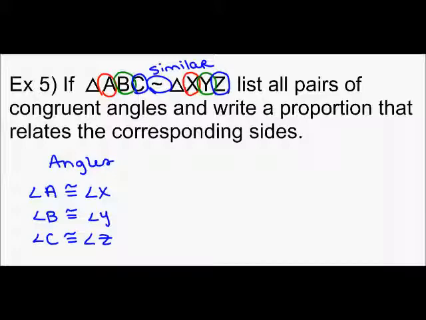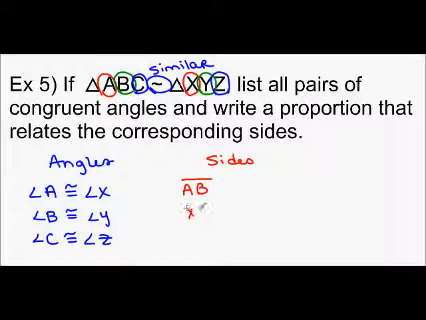Now we need to write a proportion that relates corresponding sides. Okay, well, I'm going to start with my first triangle here. I have side AB on this triangle. AB. And I know that AB in position 1 and 2 corresponds to XY in position 1 and 2.